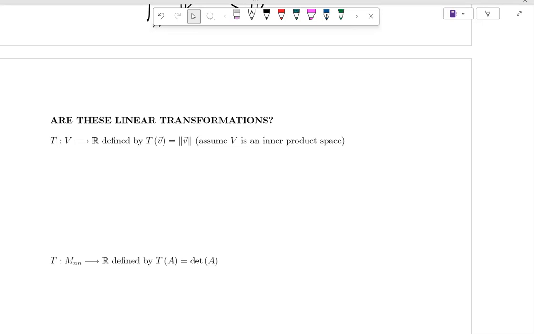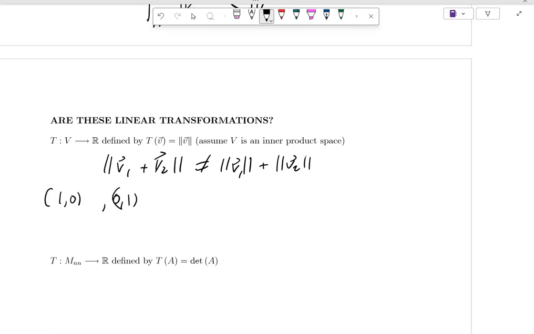Okay. For example, just in general, there are some that do work, but we should be able to pick a whole bunch that don't. For example, if I do 1, 0 and 0, 1, right?